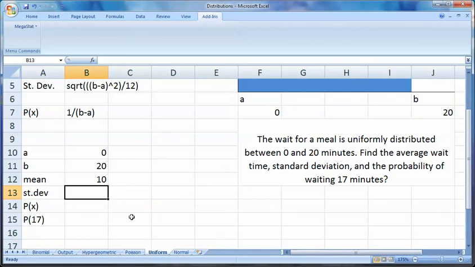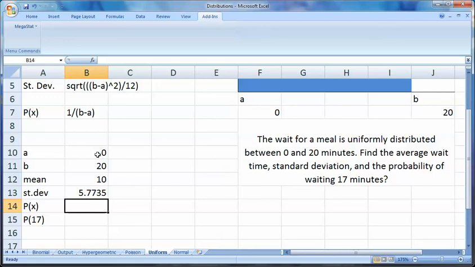No surprise there. Standard deviation, equal sign SQRT for the square root. And we're going to set up a bunch of parentheses here. B minus A. Close that parenthesis. Now the little caret is from the Shift 6 button. Squared. Close that parenthesis. Divided by 12. Close parenthesis. And we push enter. So 5.77.